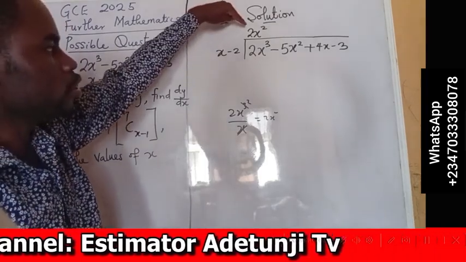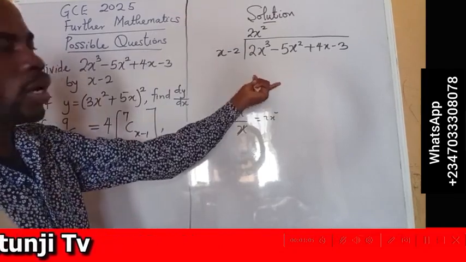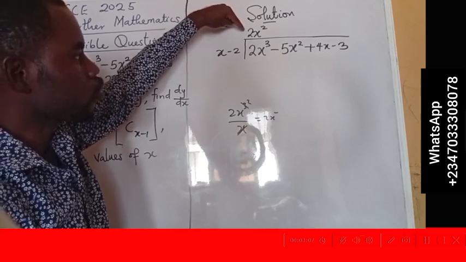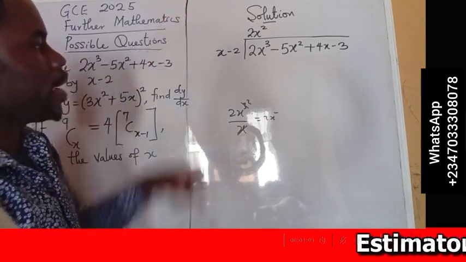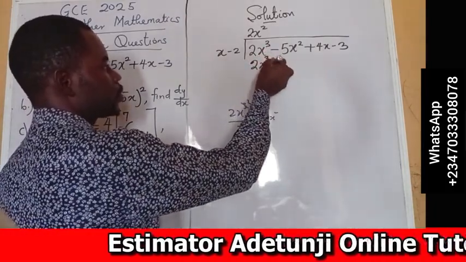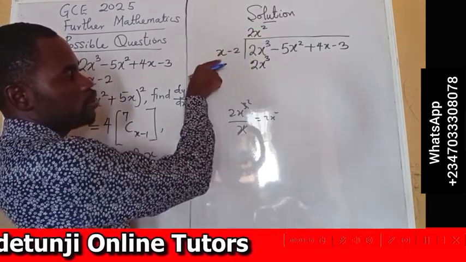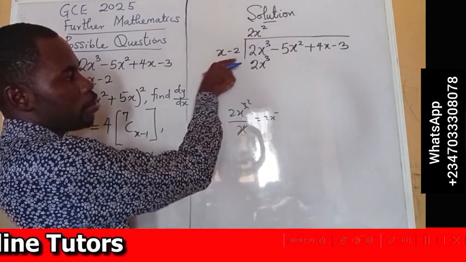Now the next is to use this answer to multiply the divisor to see what you are going to have under. Here we go. 2x squared multiplied by x will give us 2x cubed. Again, the way you multiply this 2x squared with this x, you do the same thing with this minus 2.